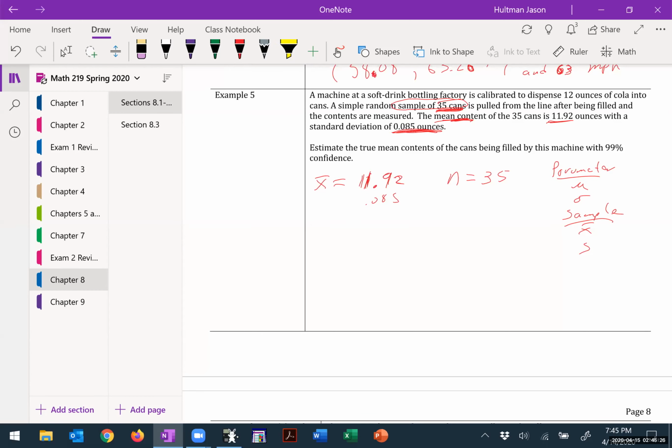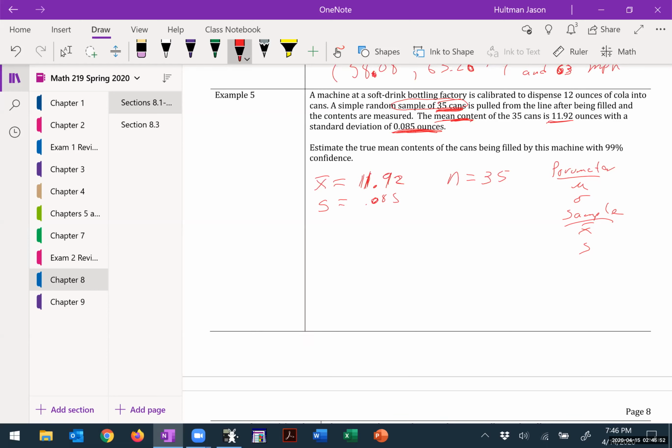Why? Because all we have is a sample of 35 cans. I didn't pull off every single can in the factory. That's a lot of cans. I'd be there the rest of my life trying to average those things. I pulled off only 35 cans, so this is the sample standard deviation.